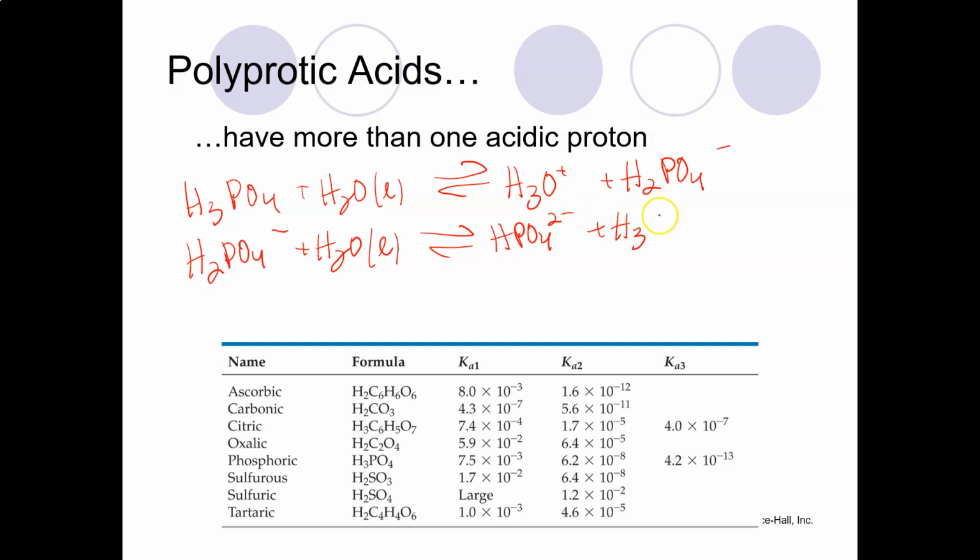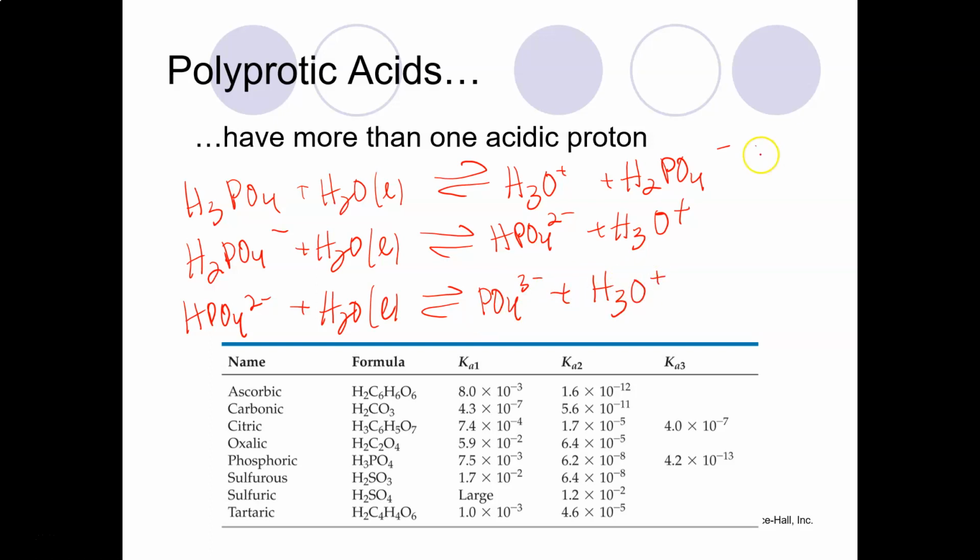I didn't write those in the same order, but, and then HPO4, hydrogen phosphate, is still an acid. It still has a proton it can donate. So what happens is each of those hydrogens comes off in its own step.